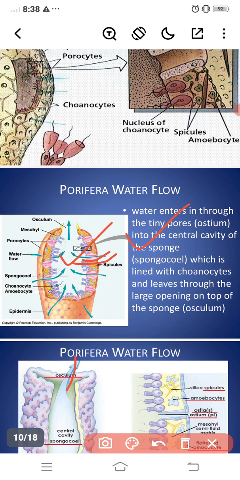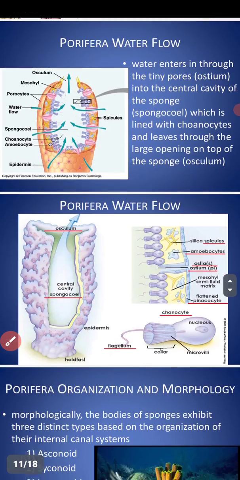After this, the choanocytes take and filter out the food, and the water is excreted through this large pore. This pore is called the osculum.